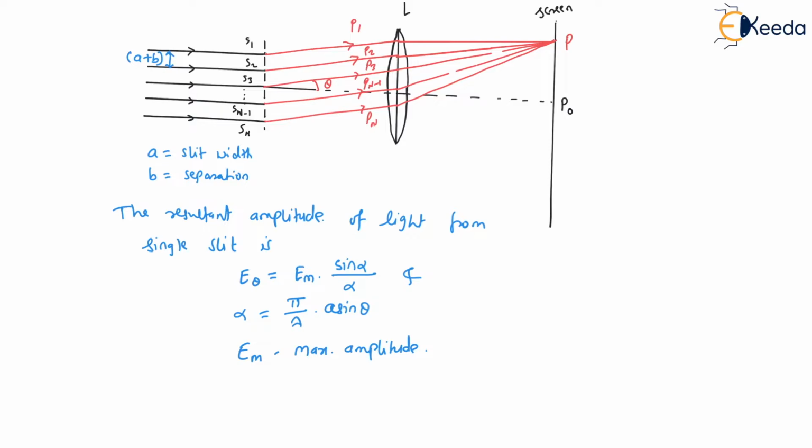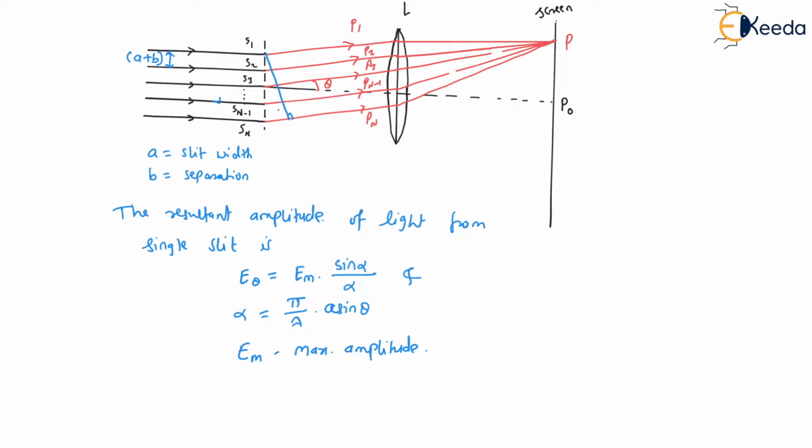Now, whenever we want to find the path difference, we simply draw a perpendicular. So here I'll draw one perpendicular from S1. This is again an angle of 90. Let us mark all these points.